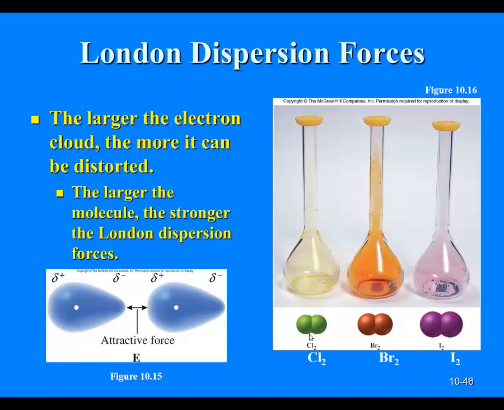I have twice that for the diatomic molecules, but what that really is telling me as I go down the periodic table is I'm adding extra shells of electrons, and those extra shells of electrons are further and further from the nucleus. Now I am adding more protons to the nucleus as I go down the periodic table as well, but there's additional shells of electrons between the outer electron and the protons in the nucleus.